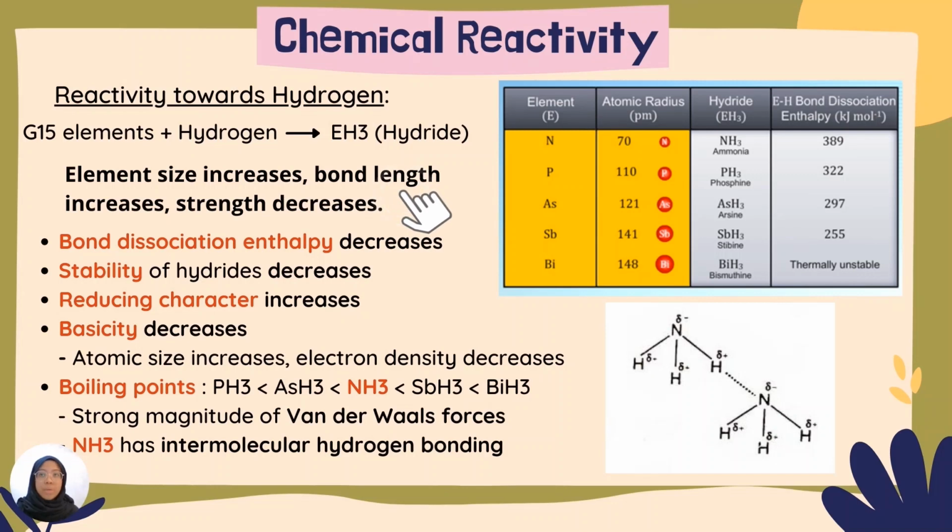Based on this strength, we can talk about the trends of other properties as well. The first one: when the bond becomes weaker, it is obviously easier to break, so less energy is needed. That's why bond dissociation enthalpy decreases.